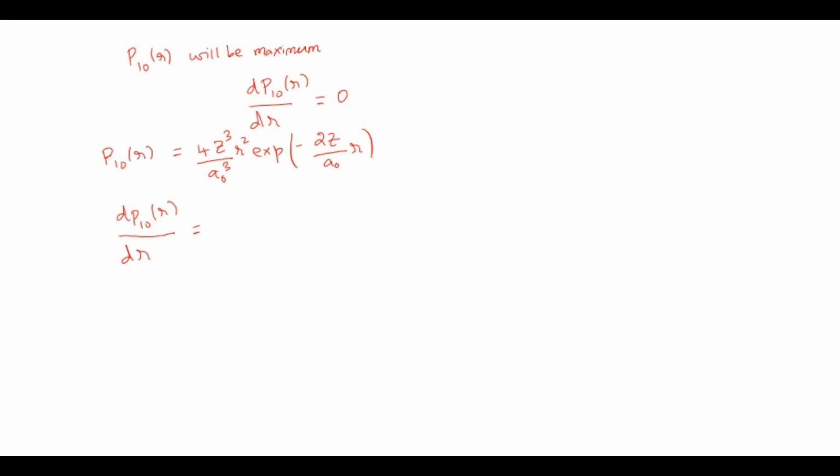These are constants, so we need not worry about them. We have to use the product rule because there is an r squared here and an exponential here.